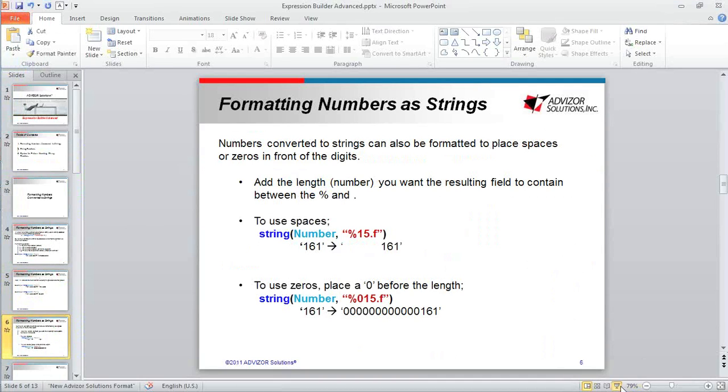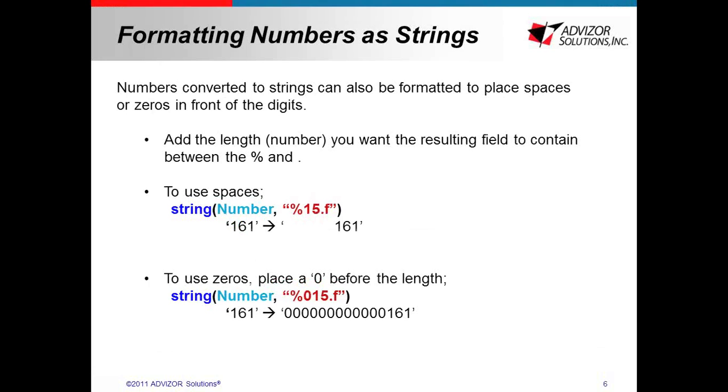Now, there may also be situations where you need to have a number be the same number of characters in every row. So you can also add characters to the front of numbers, either spaces or zeros. To do that, you just add the number of spaces or zeros you want the resulting field to contain between the percent sign and the period.